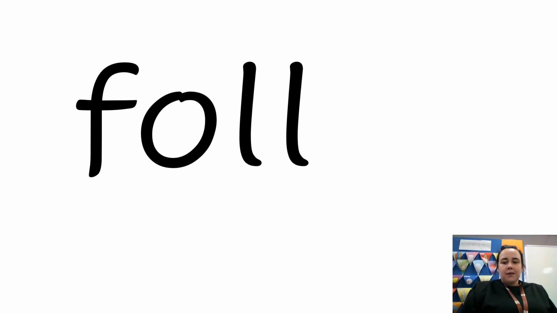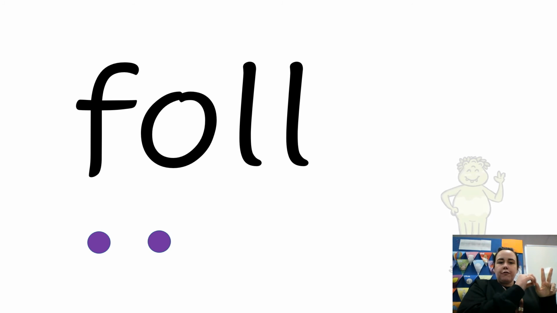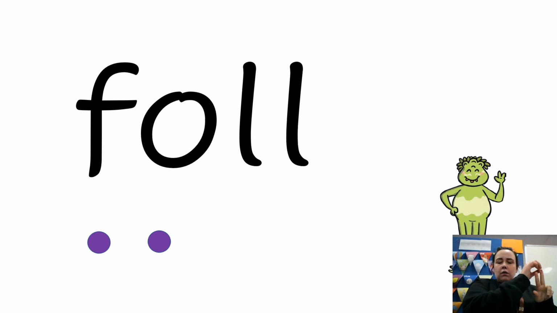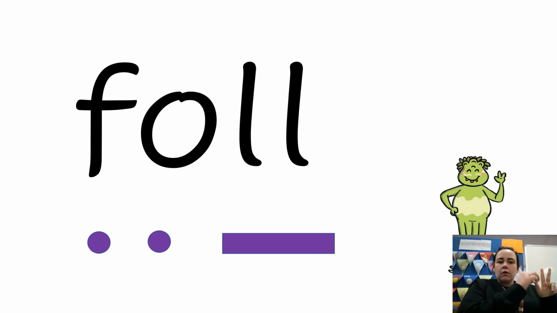Okay, and the next one, let's put our sound buttons and our digraph lines, and you can pause me if you need to. Okay, are we ready to do it together? We've got our sound buttons and our digraph line. F, o, o, fall.